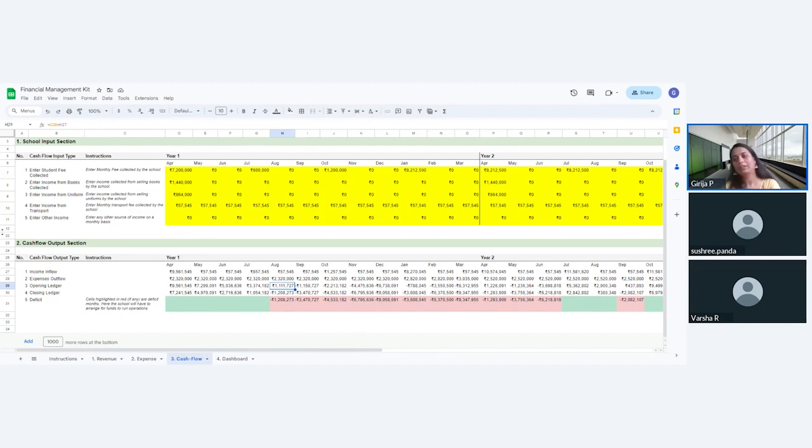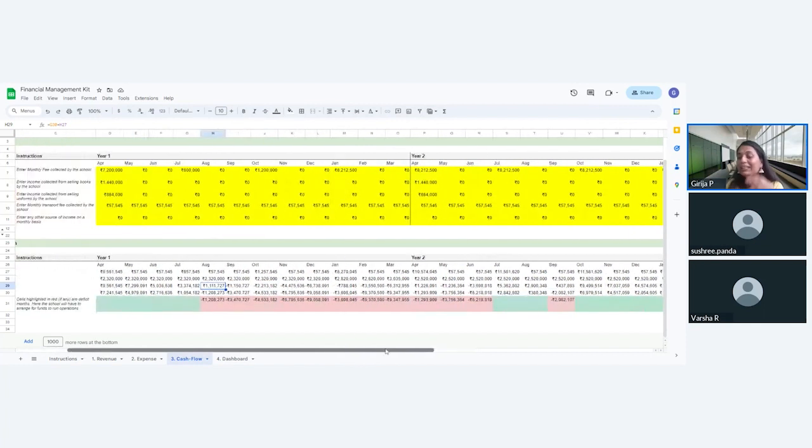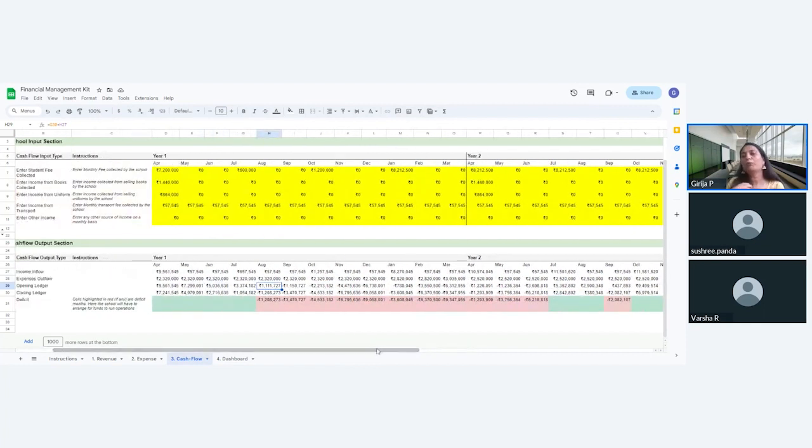So that means it is showing in red, like you are lacking that money, 1 lakh, in that particular month. All these reds show you are lacking this much money in that month, and you will need that much money to fulfill your expenditure. So cash flow will help you to understand how much money you will need every month, and based on that you can make your decisions.